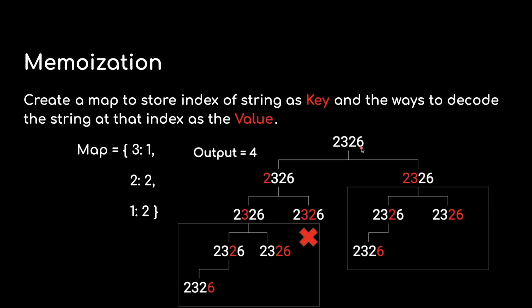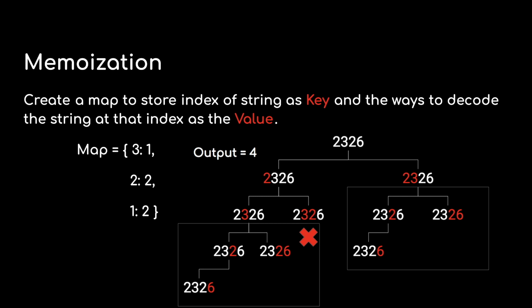So what are the different ways to solve this problem? Either we can take 3, 2 and 6 separately as single digits, or we can take 3 as a single digit and 26 as a double digit. But we cannot take 32 as a double digit since that is not a valid approach. So at index 1, the value will be 2.